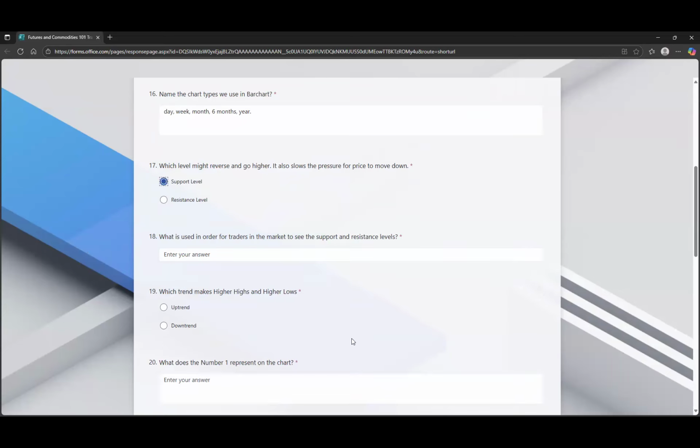I got that wrong then, because I think I chose resistance. Because if we hit support and it reverses and goes higher, we would be looking at the bottom side of the deal, right? Yep.